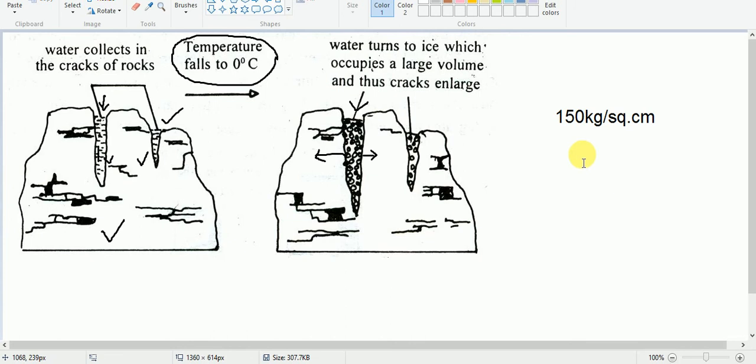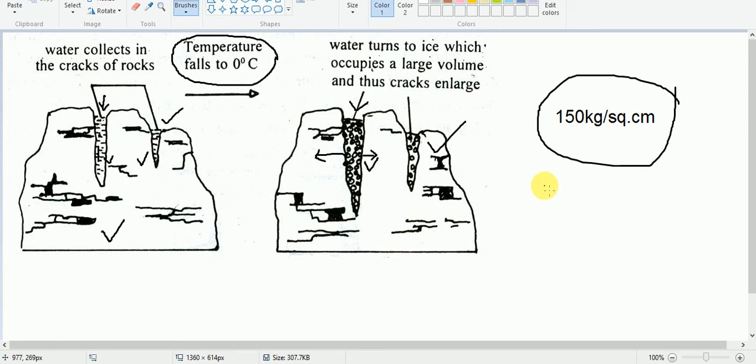The force exerted on the wall of the rock is about 150 kg per square centimeter, and because of this force, this rock will be broken into smaller pieces. In this way the rock is weathered, and this is known as freezing, thawing.